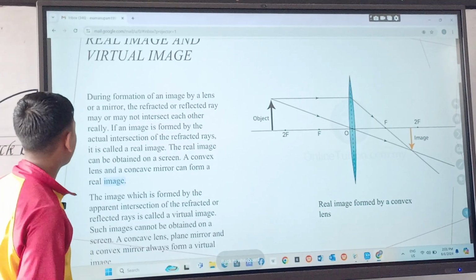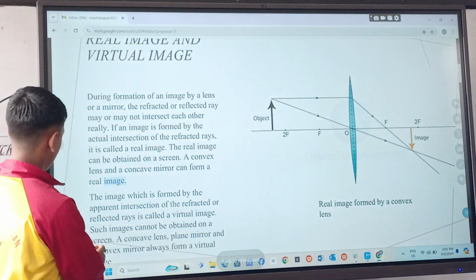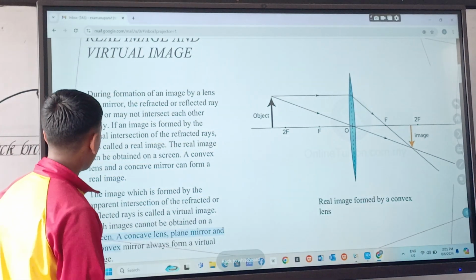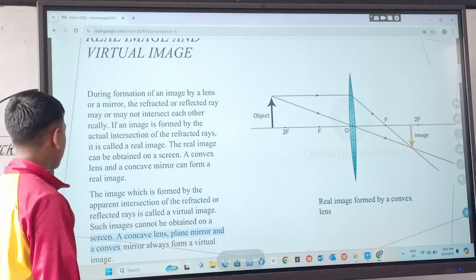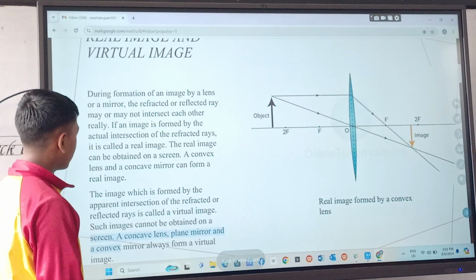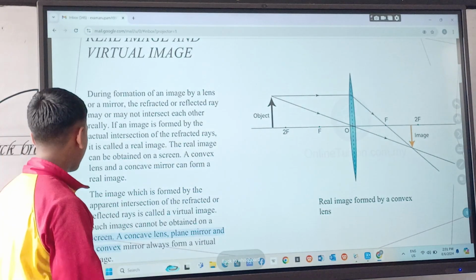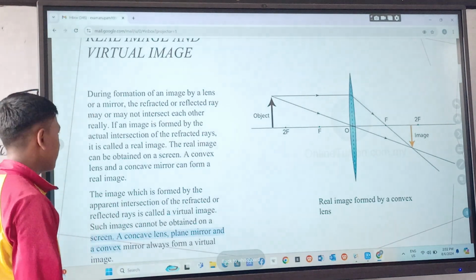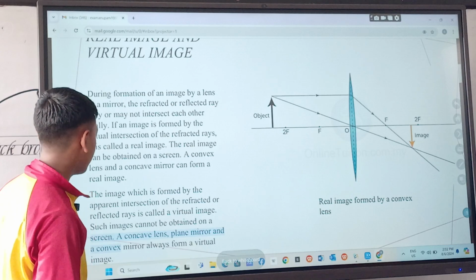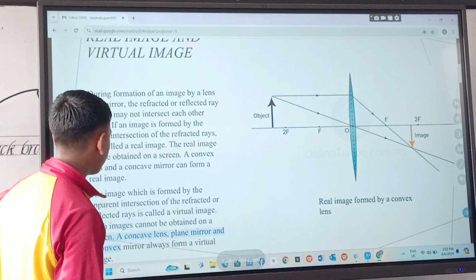My presentation is about real image and virtual image. During formation of an image by a lens or a mirror, the reflected or refracted rays may or may not intersect each other really. If an image is formed by the actual intersection of the rays, it is called a real image. The real image can be obtained on a screen.